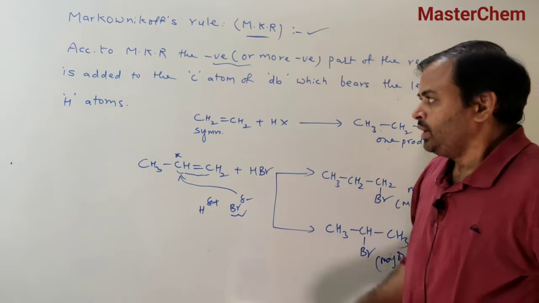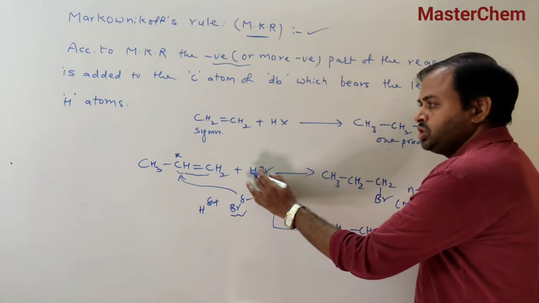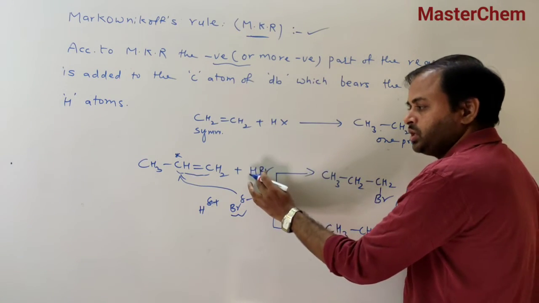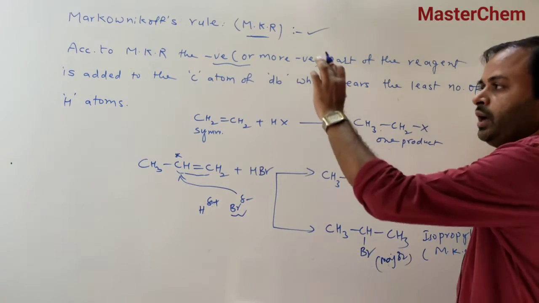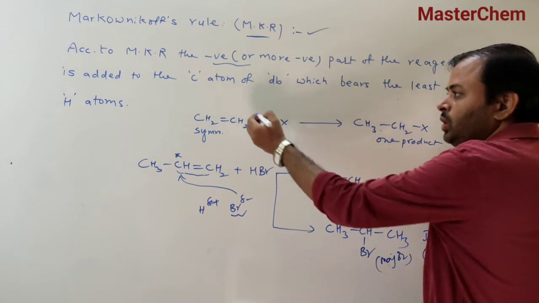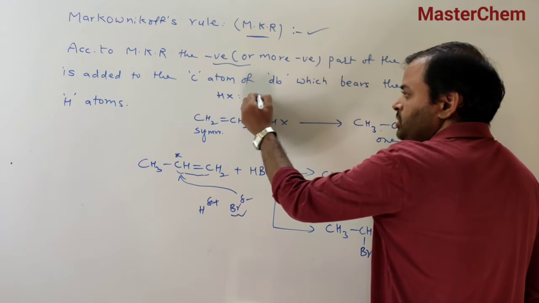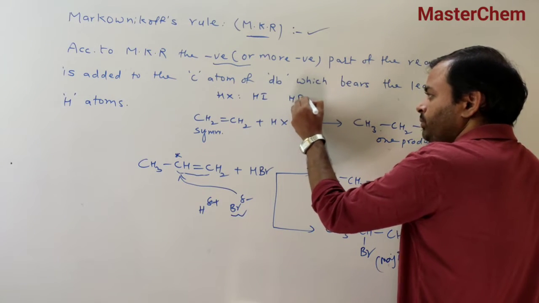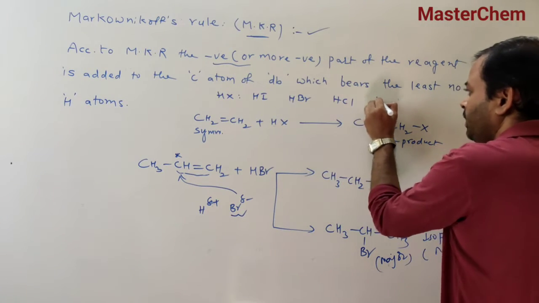So the hydrohalogenation reaction of unsymmetrical alkenes is governed by Markovnikov's rule. This HX may be HI, HBr, HCl or HF.